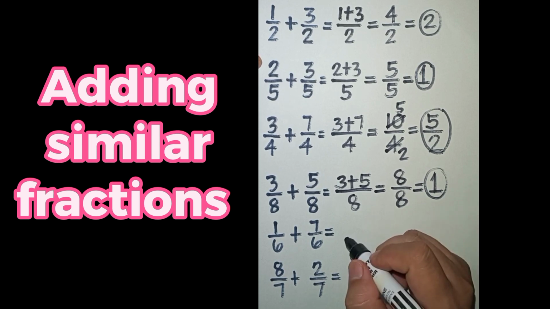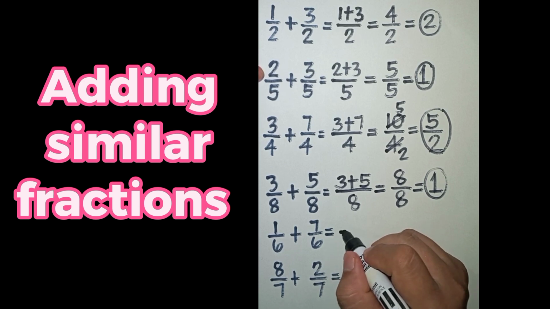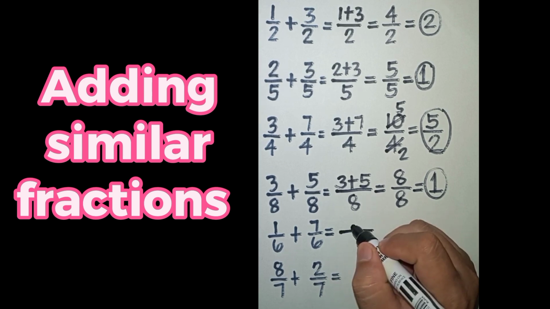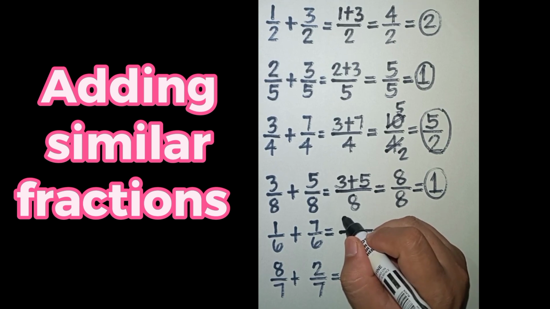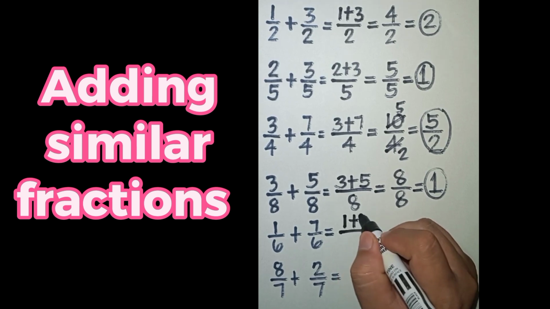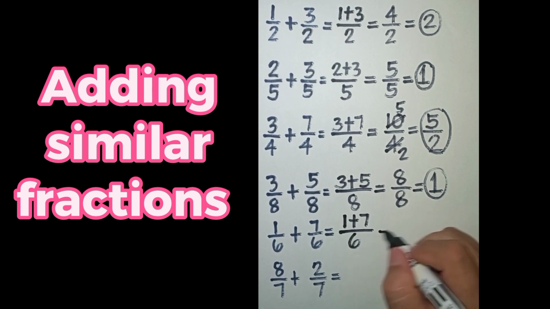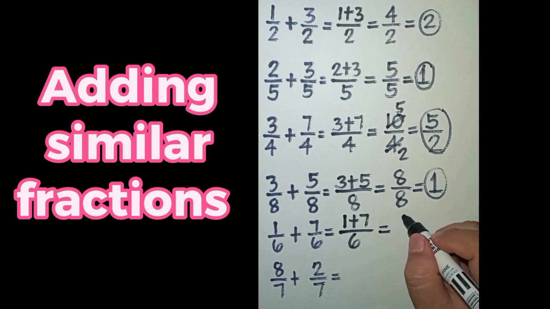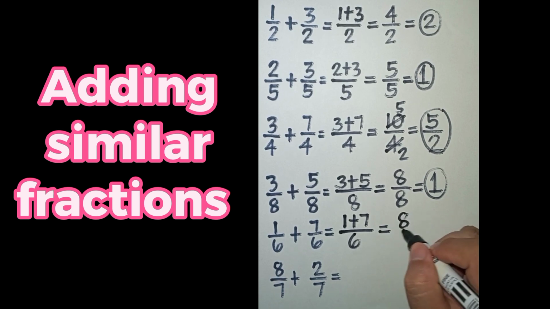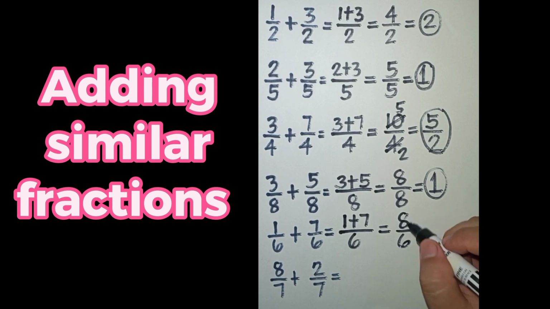Then for number 5, 1 sixth plus 7 sixths. So again, we just simply have to add their numerators. So 1 plus 7. Copy the common denominator 6. So that is 1 plus 7, that is 8 over 6. So we have to simplify 8 over 6 by dividing both the numerator and the denominator by 2.